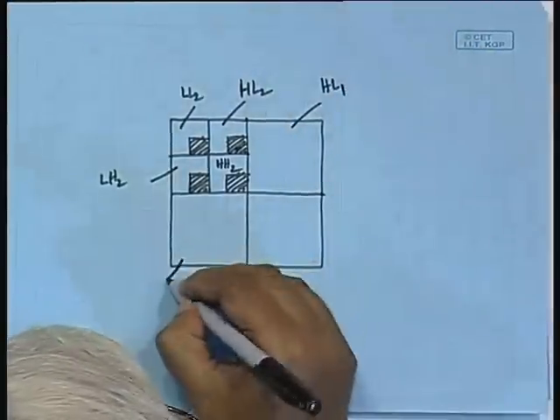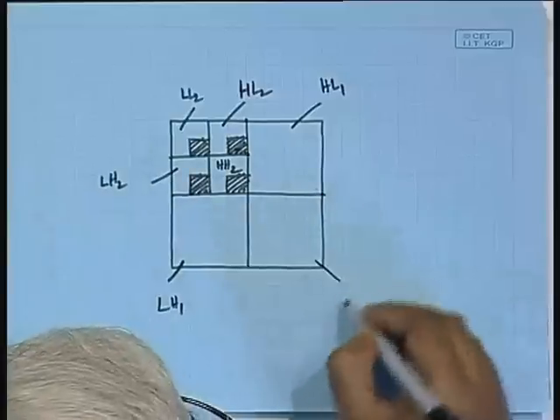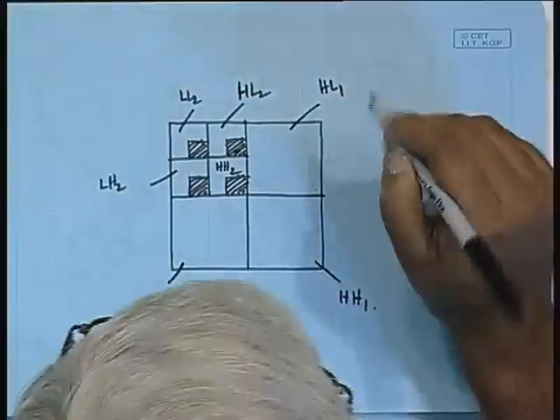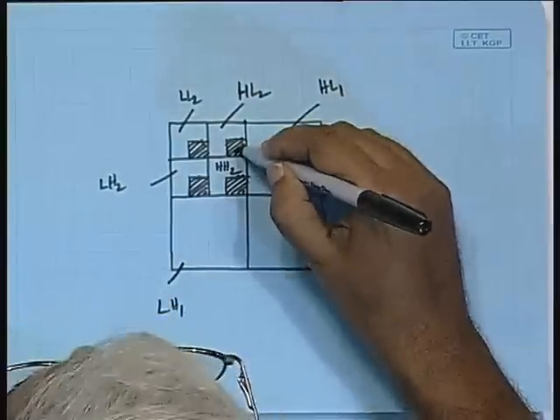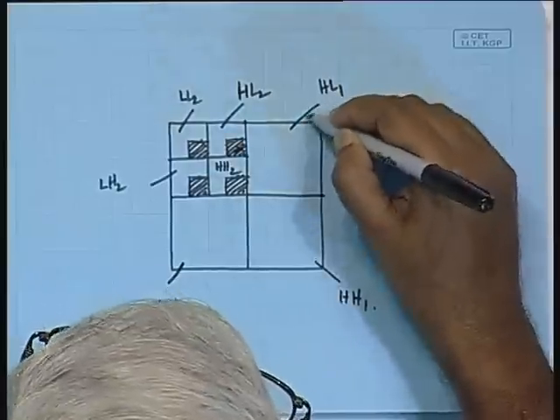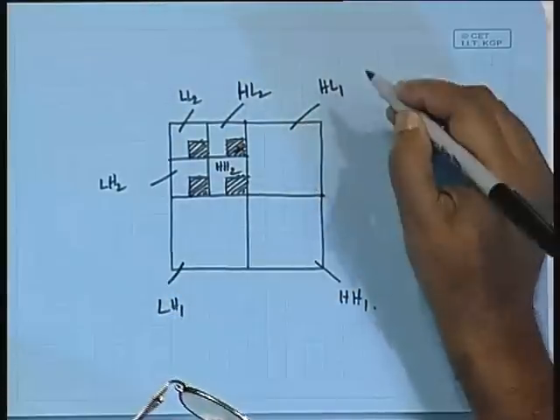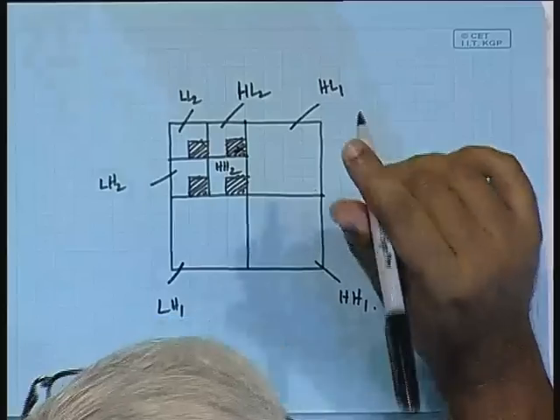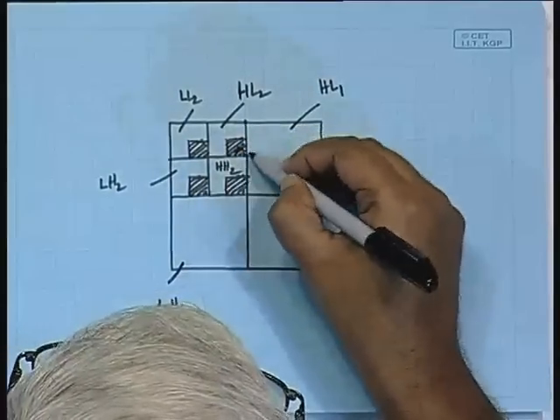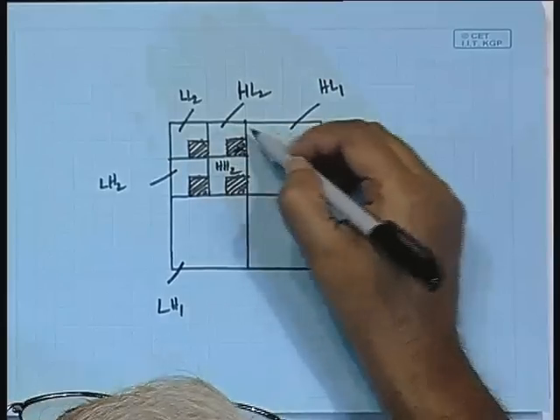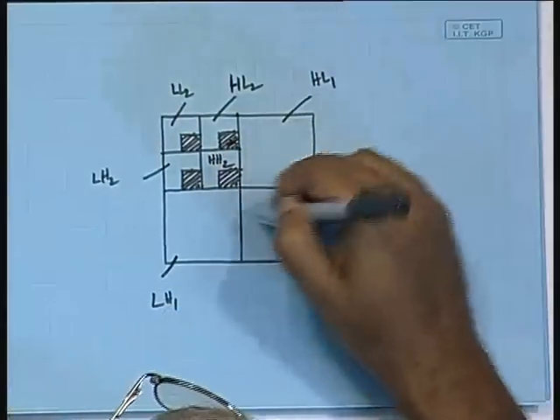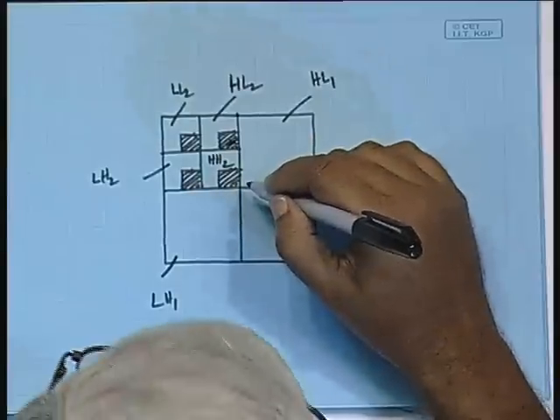This is HL1, this is LH1, this is HH1. If I ask you to find a correspondence of this pixel with the corresponding pixels in the HL1 subband, you have a difficulty. Why? Because here the resolution is 2 by 2, which is coarse, whereas here we have a resolution of 4 by 4, which is much finer.